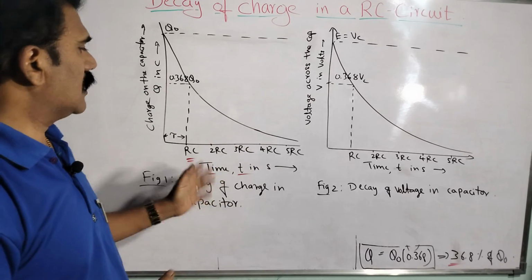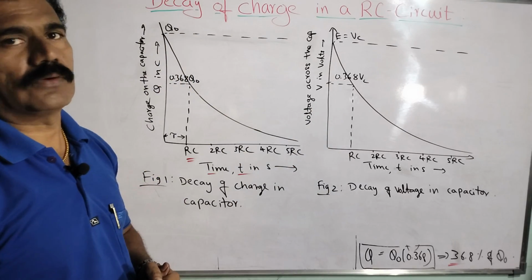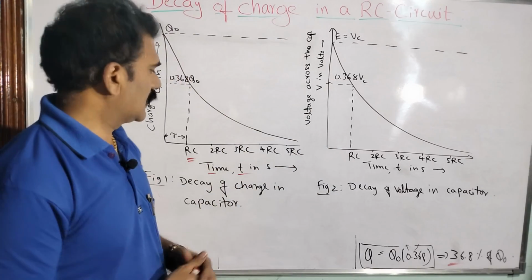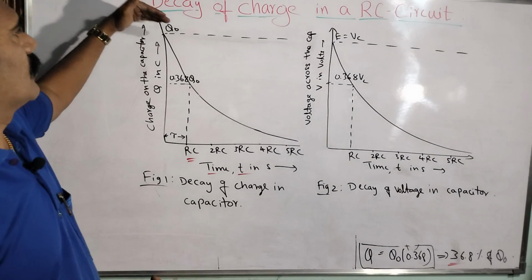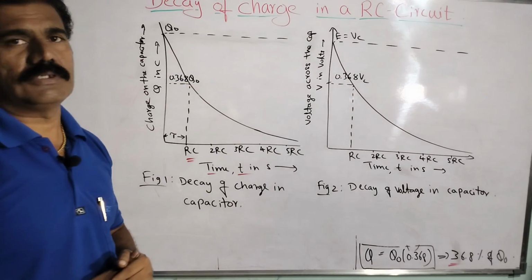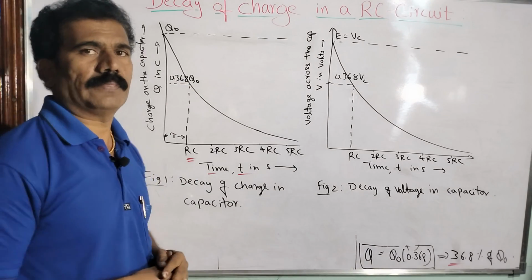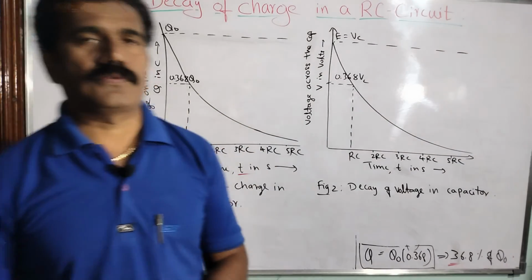Whether you consider charge or voltage, both decrease exponentially. You can define the time constant as the time taken to decrease the charge from maximum to 36.8% of Q naught. That is the time constant in an RC circuit. That is all about the decay of charge in the RC circuit.